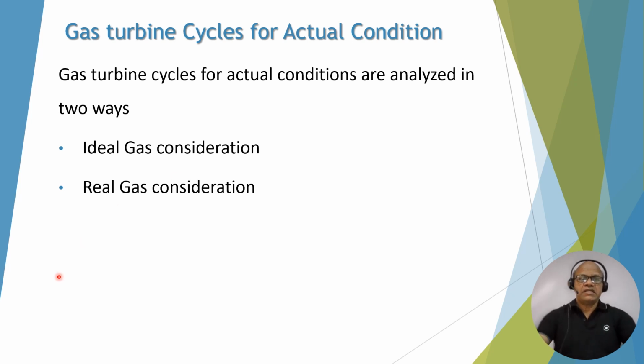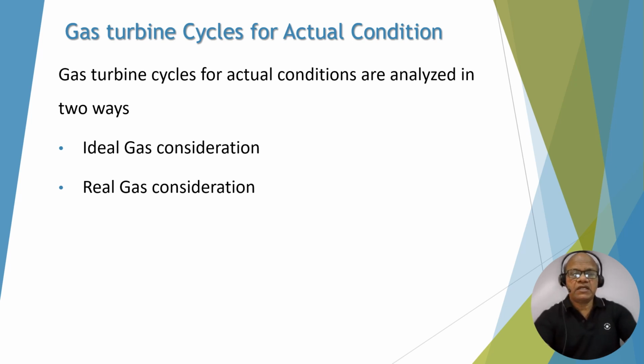Now the gas turbine cycle for actual conditions is analyzed in two ways: when gas is considered ideal, or when gas is considered real. In these two scenarios, we will see the efficiency of the compressor, the efficiency of the turbine, and the efficiency of the overall gas turbine cycle.